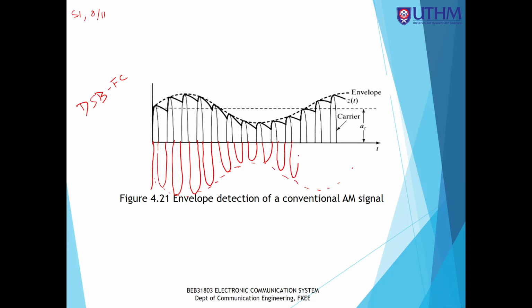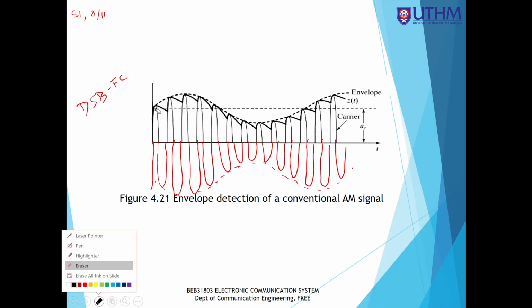So there's a full wave of double sideband full carrier at the beginning from the input. Maybe I will erase this one. Wait, I will draw it completely.